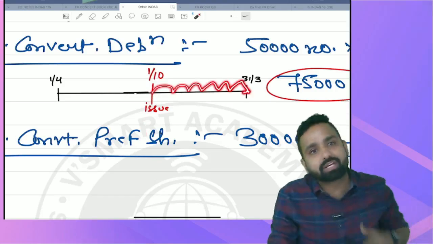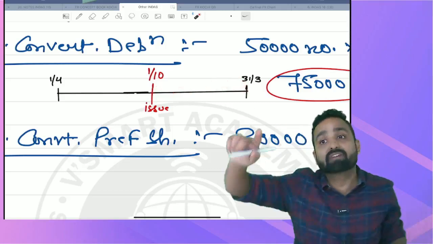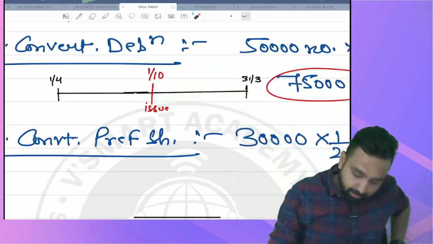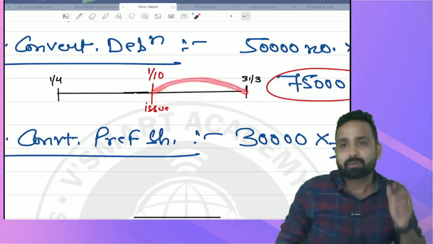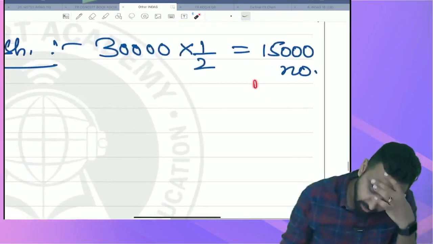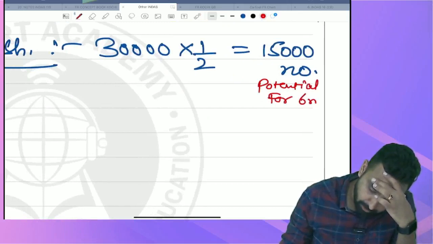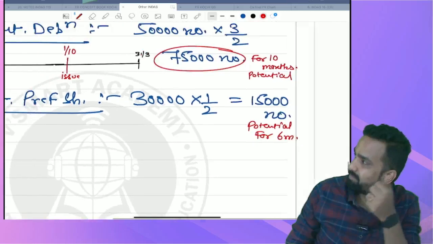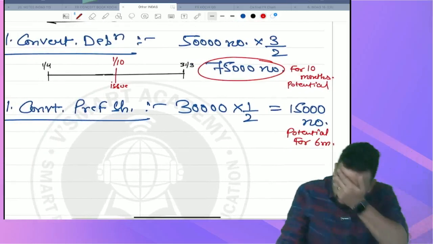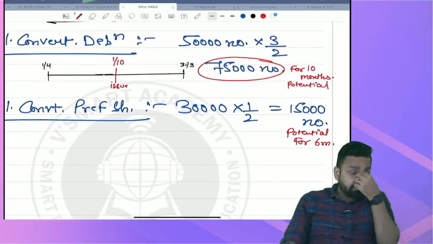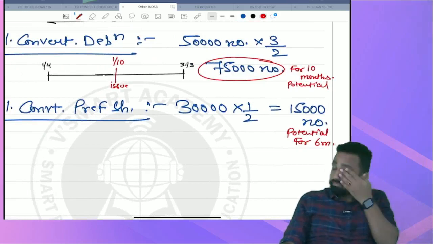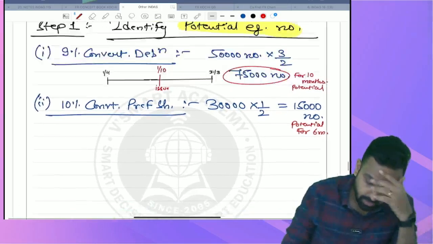They are potential for 6 months in the current year, because they get converted after 3 years. Understood? Next.